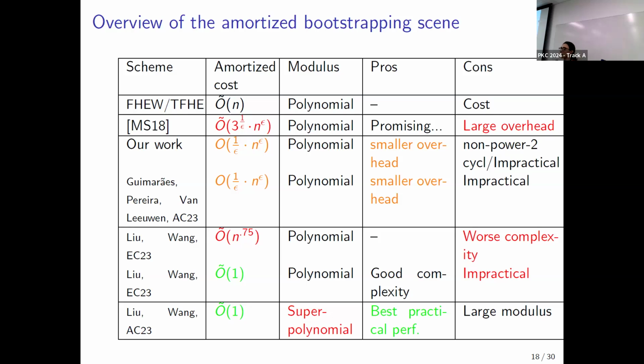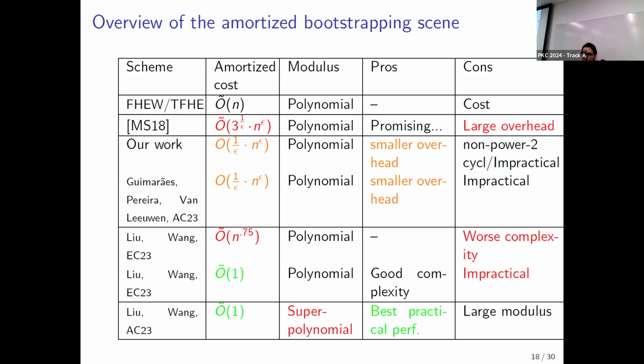There are some technical differences. Again, I will refer to their paper or ours for a description of the technical differences. But the main thing that I wanted to say here is that both these algorithms improve the asymptotic complexity from the original work of Micciancio and Sorrell. We have smaller overhead, but still we are far from having a practical algorithm.